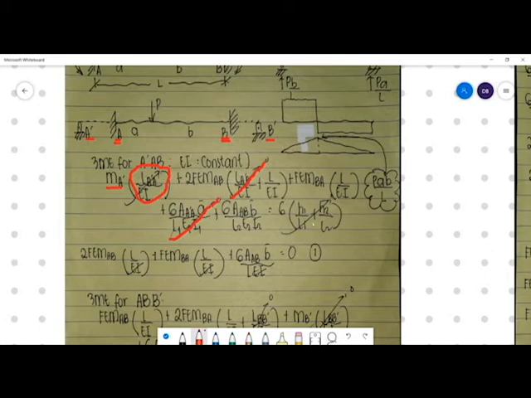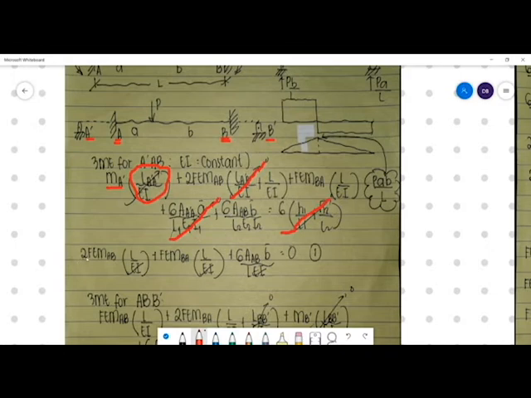At the same time, we don't have relative deflection, so we assume that all supports will remain at the same level. Okay? So we have now what remains.